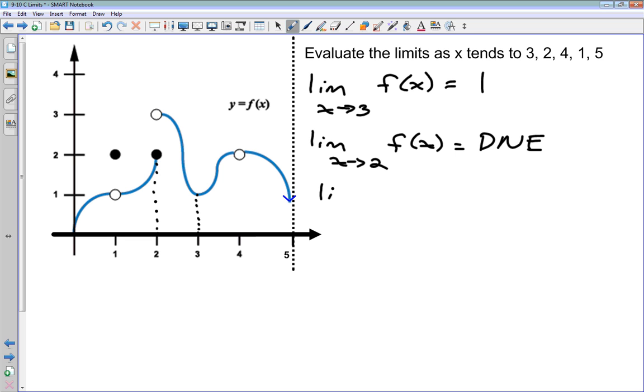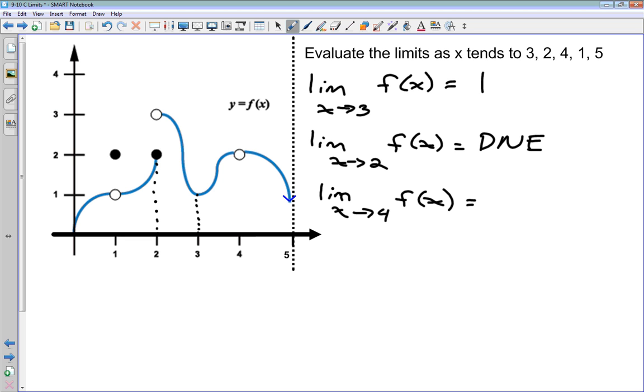Okay, the limit as x tends to 4. Now that open circle there means that the function doesn't exist at x equals 4. There's no point on the graph there. It's a hole in the graph. Okay? These dark circles here and here mean that there is a point there.